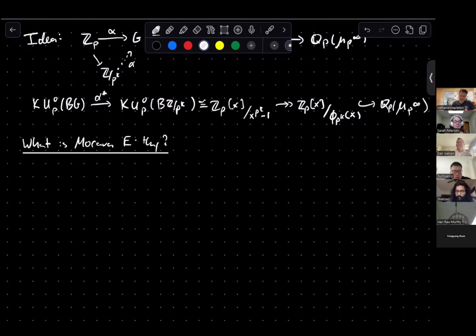So I'm going to try and talk about the parts of that that are the most important, and we'll see how it goes. So first of all, Morava E-theory is determined by a very simple algebraic gadget called a formal group law over a perfect field of characteristic p of height n.